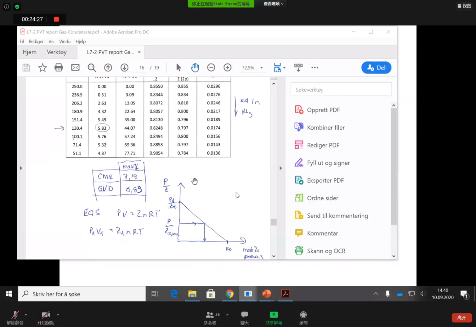So we can give an estimate of the mole percent produced from the reservoir as the pressure declines.